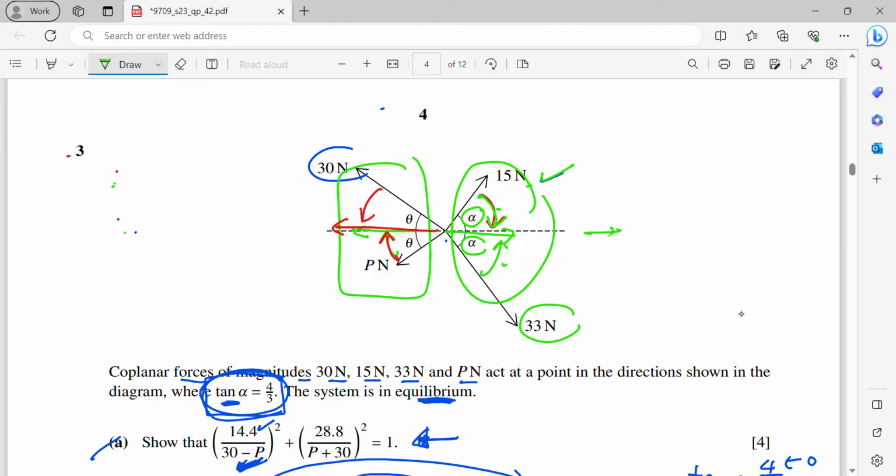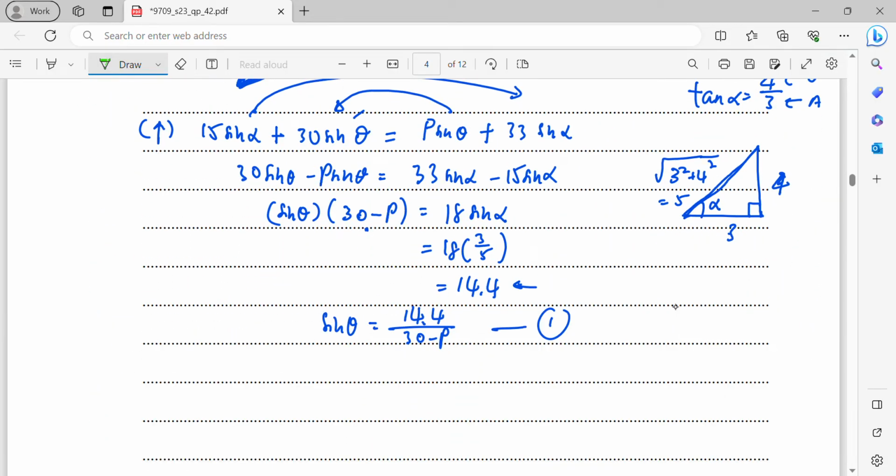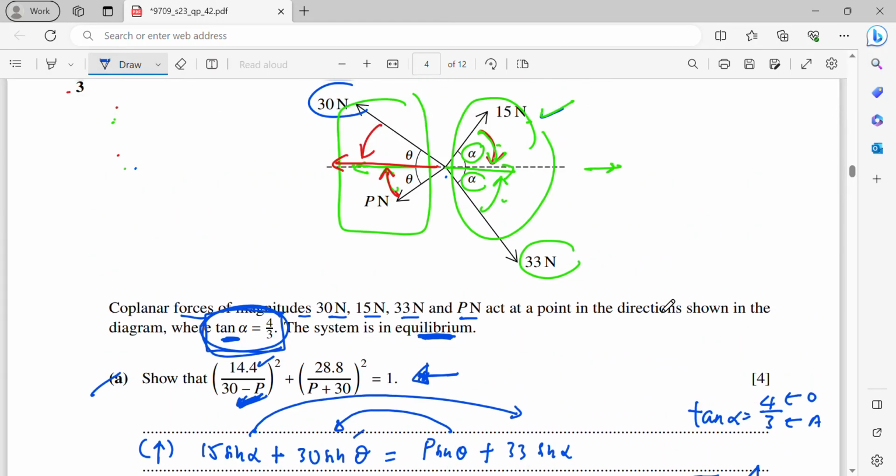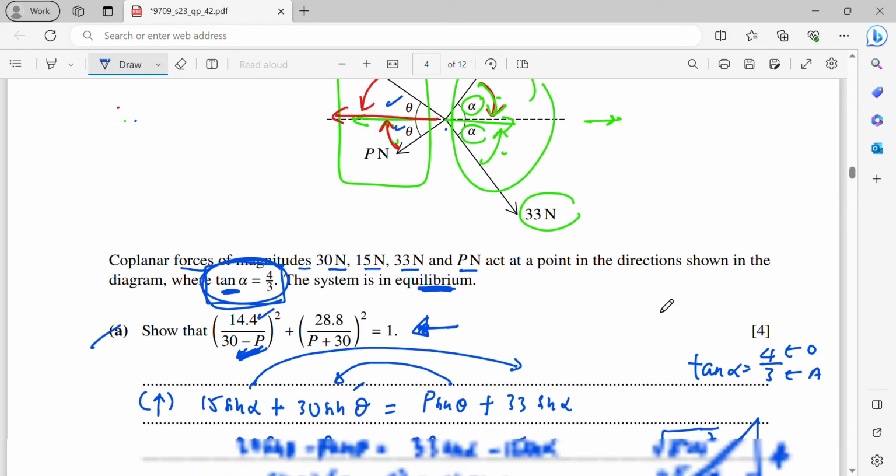That will be the total force towards the right hand side. So now my working will be 15 cos alpha plus 33 cos alpha equals the red arrow, so it will be 30 cos theta plus P cos theta.